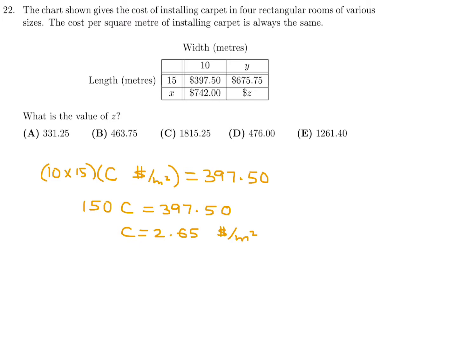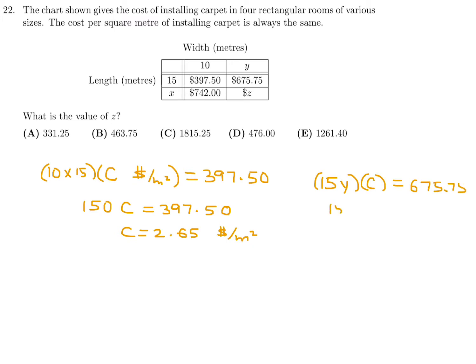Now let's concentrate on a different set of numbers. Those numbers are these guys right here. This one and this one. So from that, we get that 15 times Y times the cost is equal to 675.75.